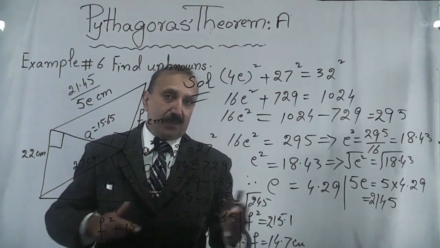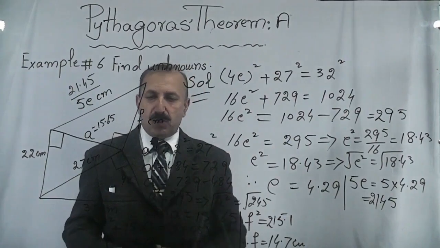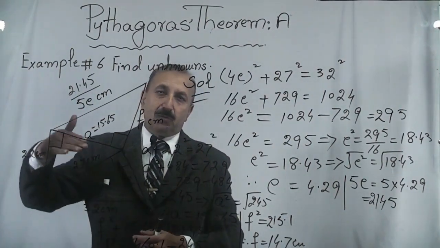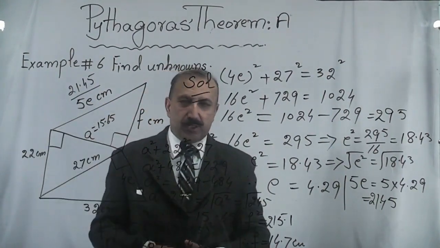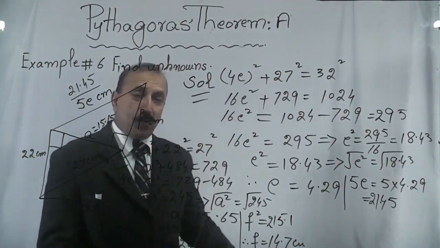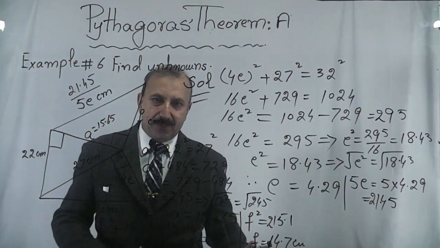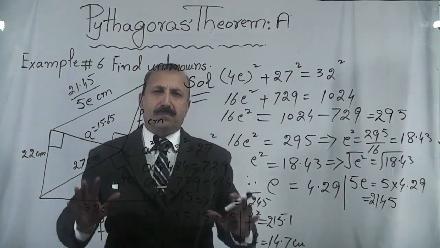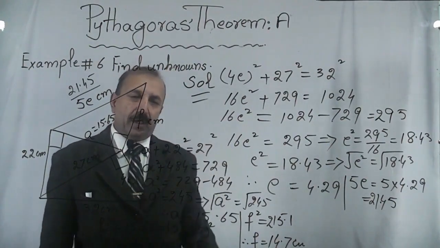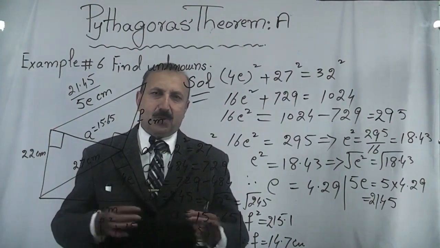This is the sense behind these problems, starting from a very simple problem towards this complex one which contains 2 unknowns and 3 triangles. We had to move to reach the ultimate unknown f. I hope you will understand well the use of Pythagoras theorem, and you carry on with a little more practice. You can have very good command on the use of Pythagoras theorem in basic and comprehension level, and a little difficult questions as well.